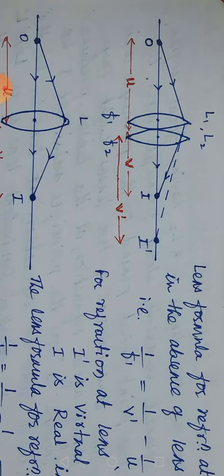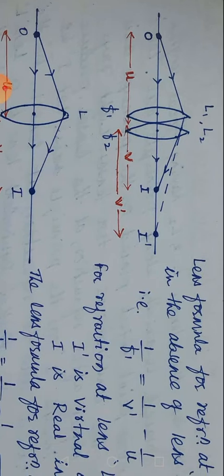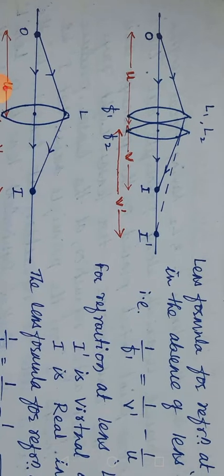After refraction, it advances into the other medium and produces an image I dash in the absence of lens L2. The refracted light from lens L1 acts as an incident ray for lens L2.